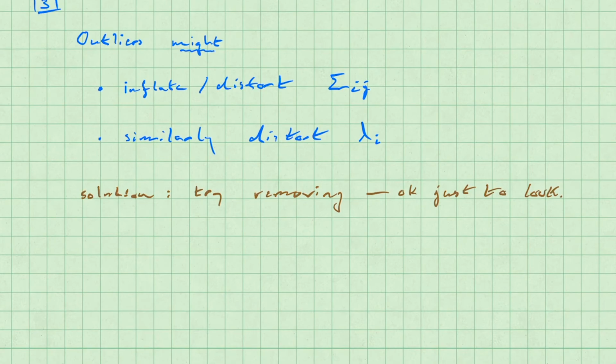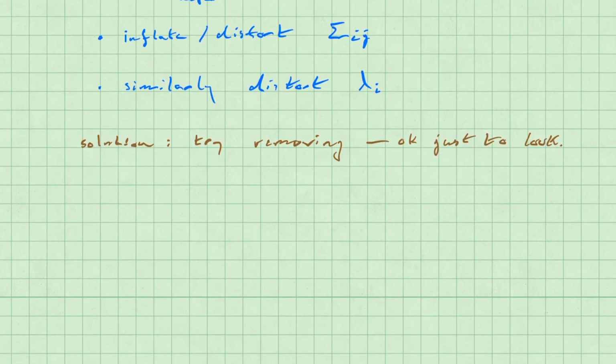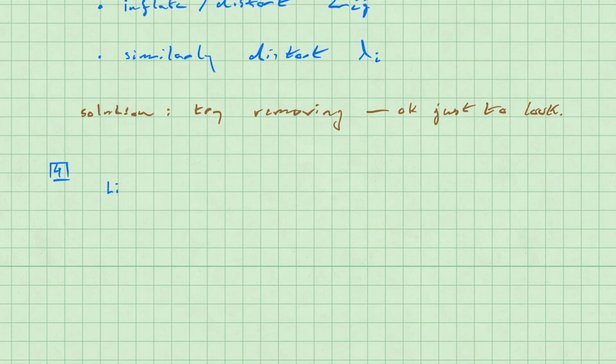Okay, and then the last thing I want to go over is the limiting assumptions of principal component analysis. And these are kind of big. So, limiting assumptions. Right, so what does principal component analysis really assume?